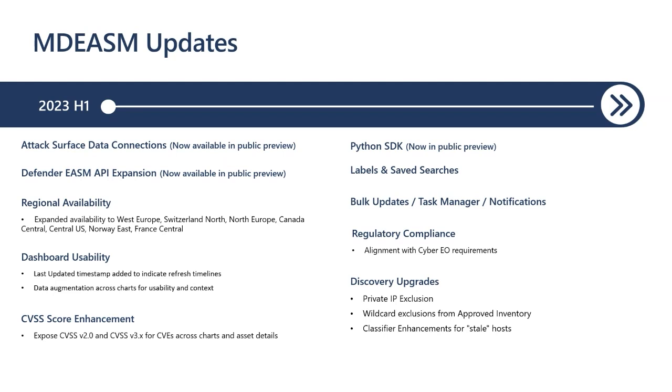Some of the notable upgrades include private IP exclusion so that we don't show any IP addresses in the private IP space. Wildcards normally make your workspace too bulky, and excluding them gives a narrower and more accurate view of your assets. Similarly, we enhanced how the stale host assets look. These are some of the discovery upgrades made.